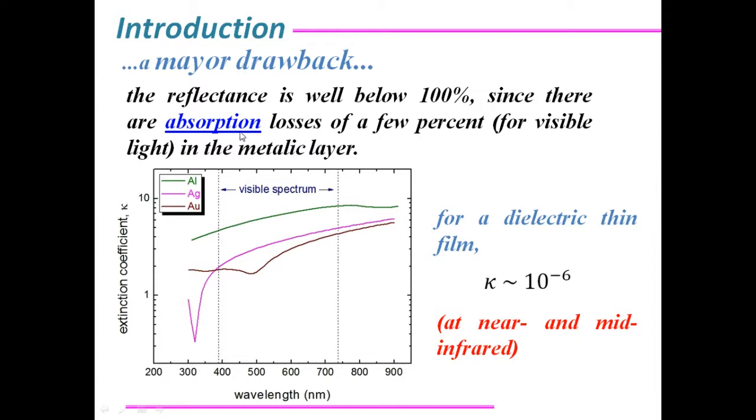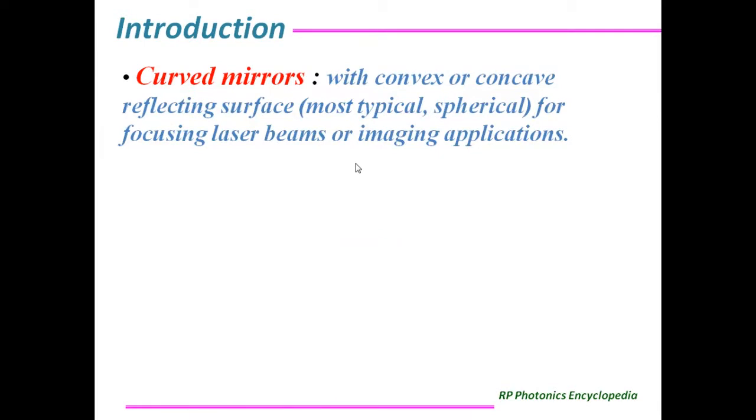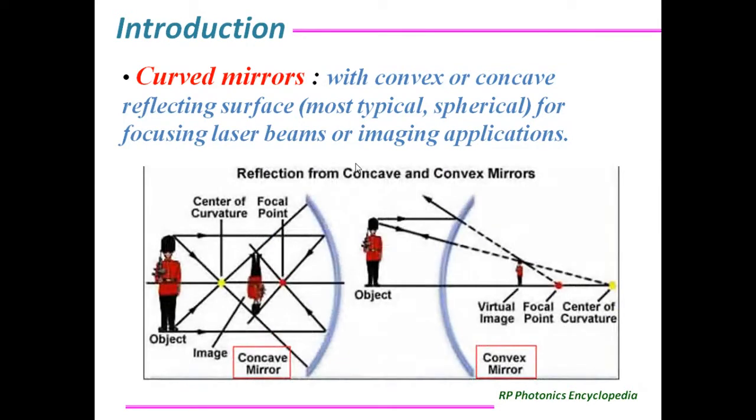So how can we avoid such absorption? By designing very thin metal layers, which have less absorption. Now for the typical curved mirrors, the convex and concave surfaces, typical for focusing laser beams or imaging applications.